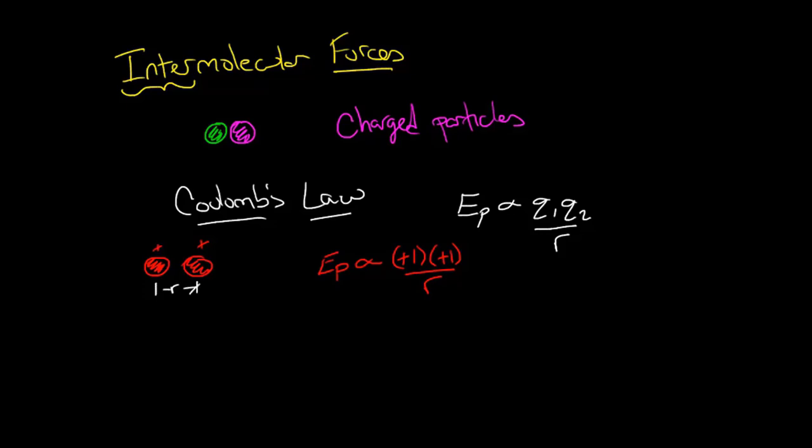This is our radius. So I have a positive number times a positive number divided by the radius, which is positive. In situations when particles repel each other, Coulomb's law tells us that this potential energy is greater than 0. It's a positive energy.